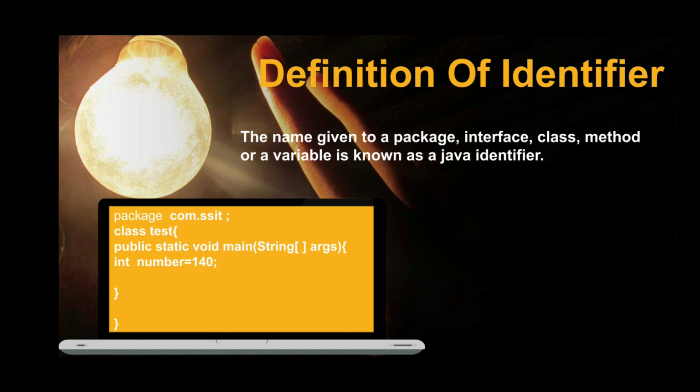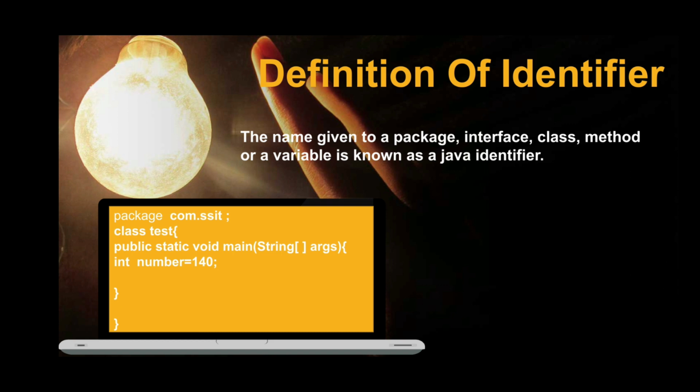Now we will see the name given to a package. Here, what is our package? com.ssit is the package name. Here we are giving some name to the package. This name, com.ssit, we can call it a package name, or we can call it an identifier. Then class: here we created one class.